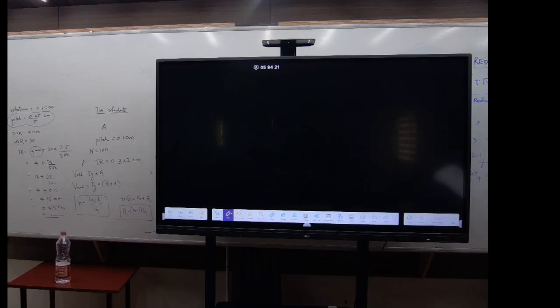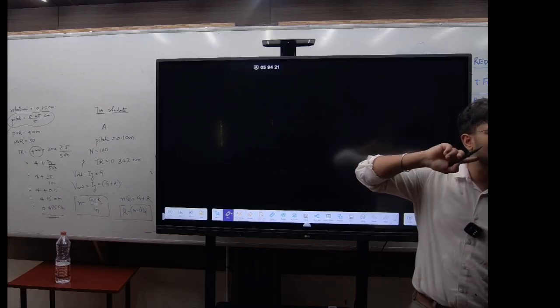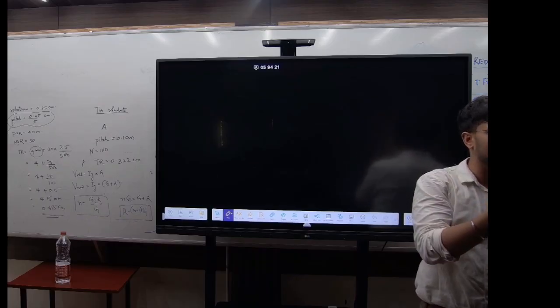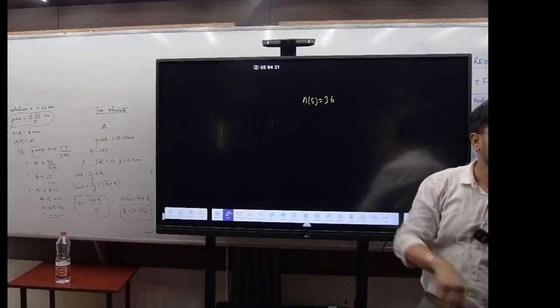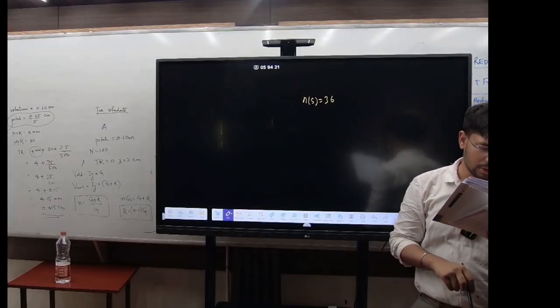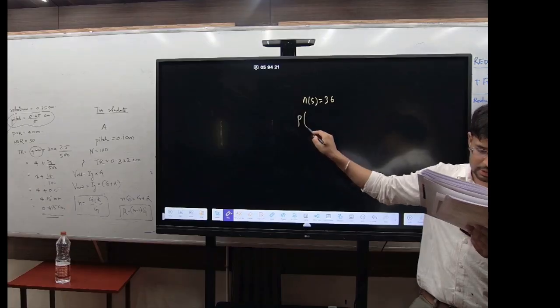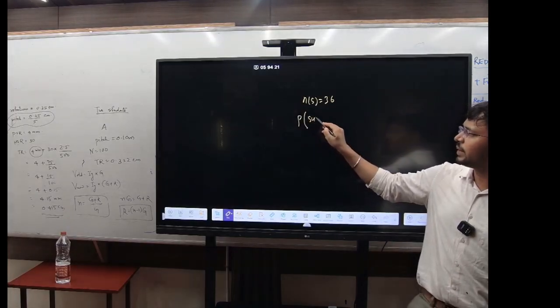What is the question given? 2 dice are thrown. First, what is the experiment? 2 dice are thrown. If 2 dice are thrown, what will be the sample space? 36. Now read the statement. They are thrown simultaneously. What is the probability that the sum should be more than 5?